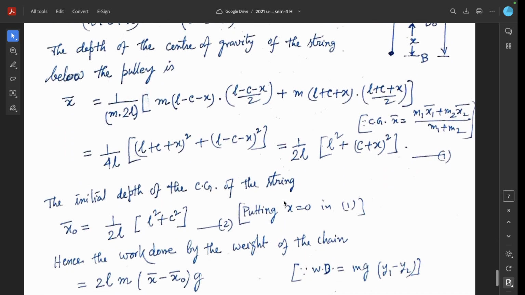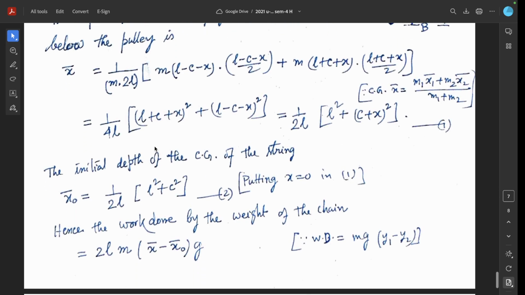After simplification, we get x bar equal to 1 by twice L, square bracket, L plus C plus x whole square. That is equation 1.